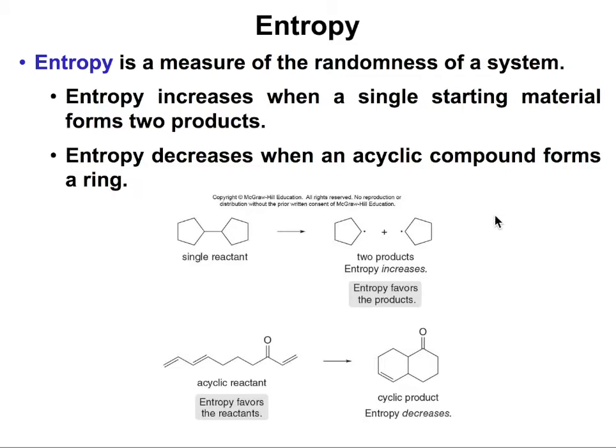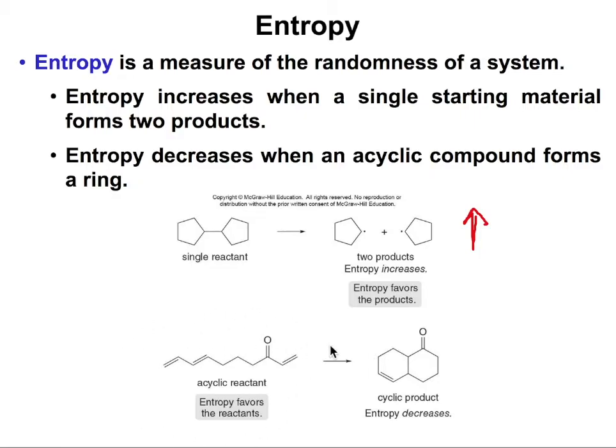So again, the entropy tells us about the randomness of the system. So when we go from one single reagent, just like here, and we end up with two products, what happens is that the entropy increases in this situation, because here you had them both locked in one position, and here you increase the randomness or the disorganization.